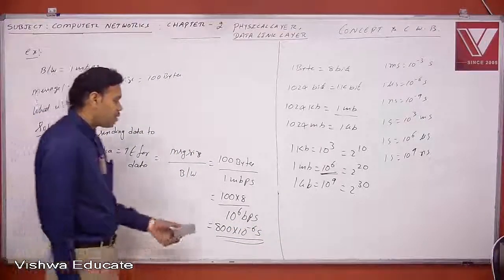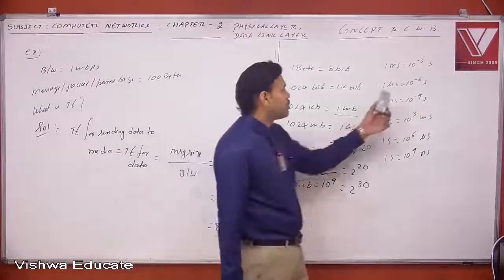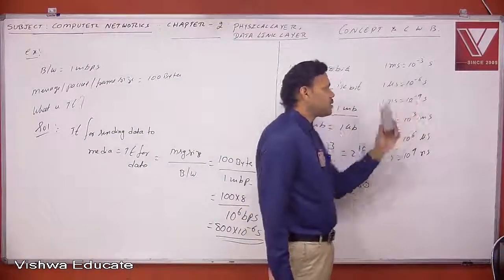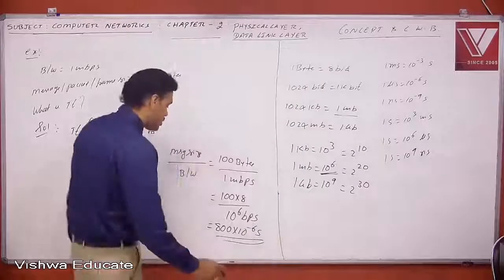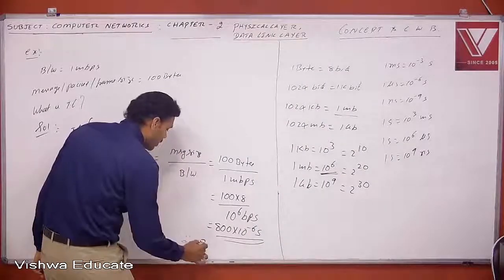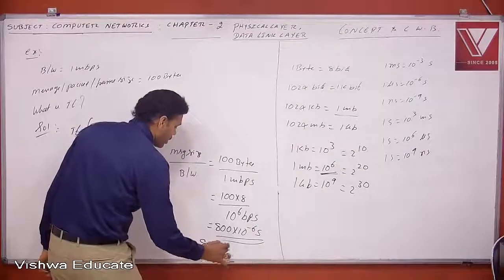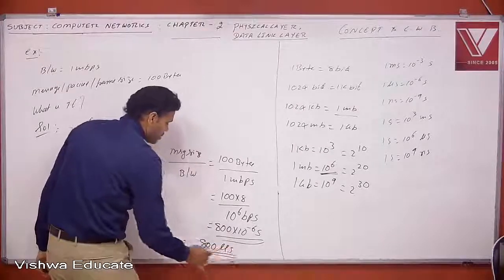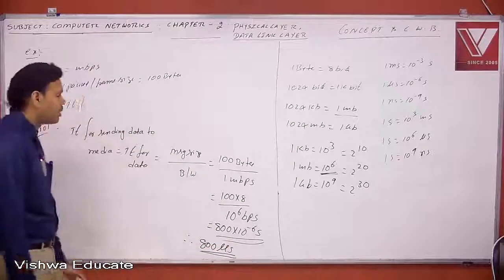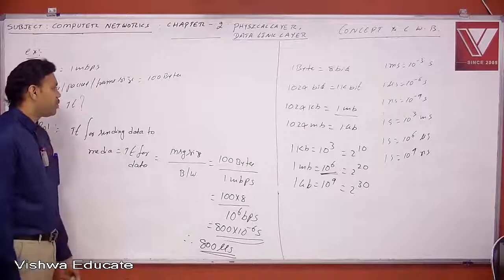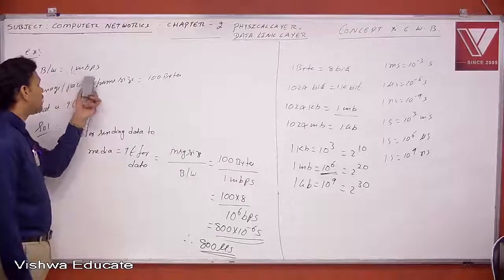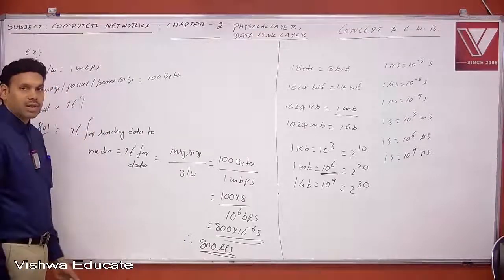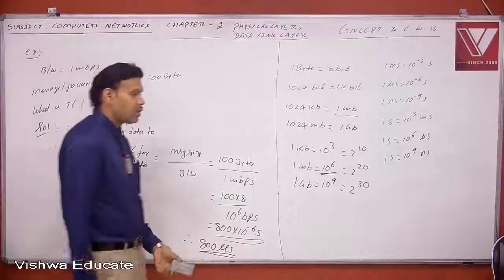What is the meaning? 10 power minus 6 s means how much? 10 power minus 6 s is nothing but 1 µs. Therefore, your answer is finally 800 microseconds. This is what a transmission time is based on the bandwidth and based on the frame size. Okay? Copy this.